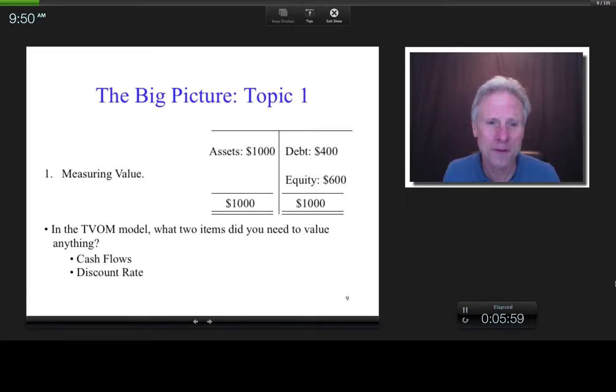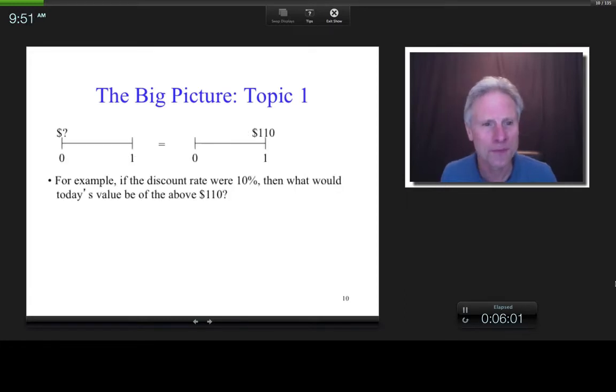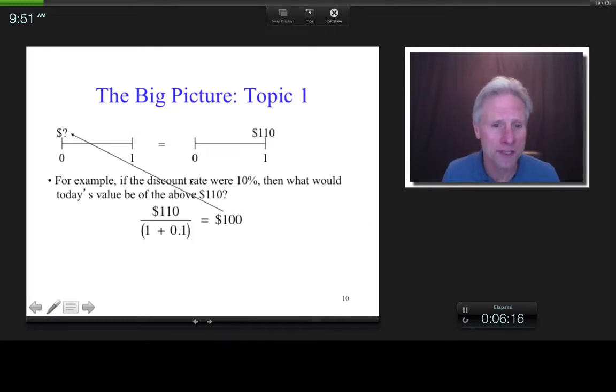So let me illustrate. For example, if the discount rate were 10%, then what would be the value of this $110 today? Well, from single cash flow principles, I'd take that 110 divided by 1.1 and get 100.